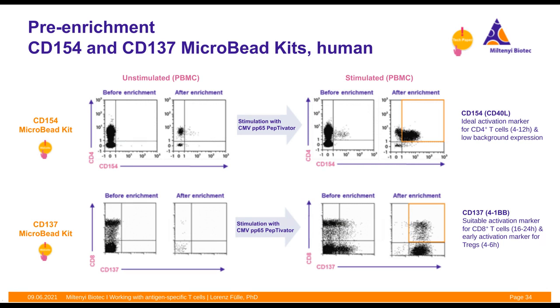As you can see, hardly any cell expressing CD154 or CD137 can be found in the unstimulated sample. However, following stimulation, these antigen-specific T cells that heavily upregulated CD154 and CD137 could be easily enriched. These isolated cells could then be used in any downstream application, like, for example, TCR sequencing.